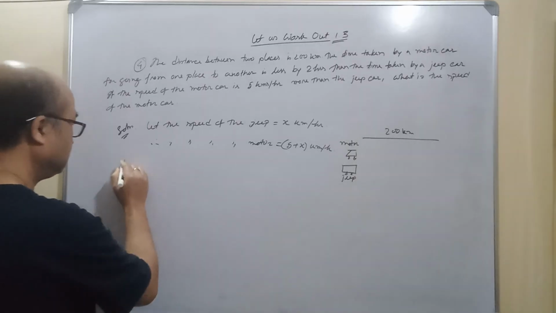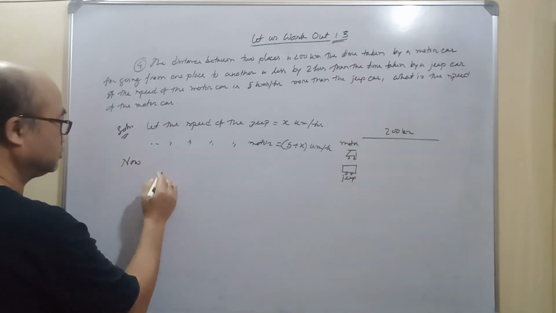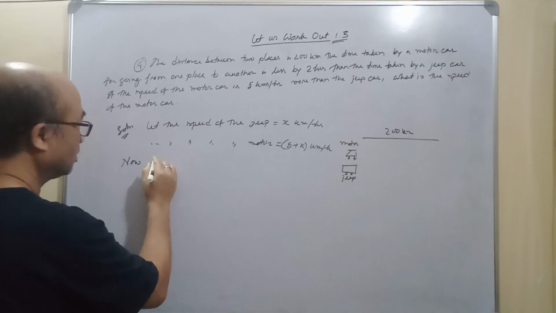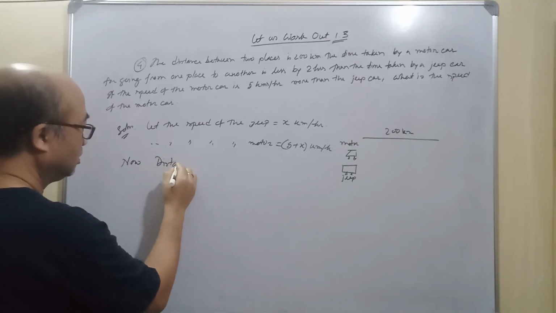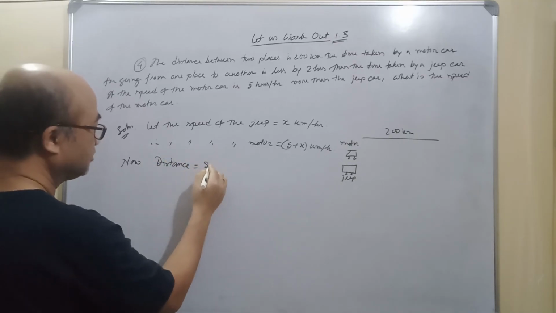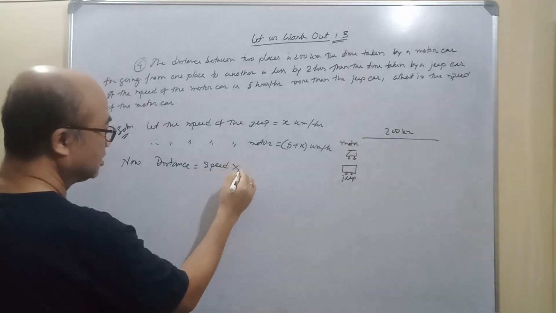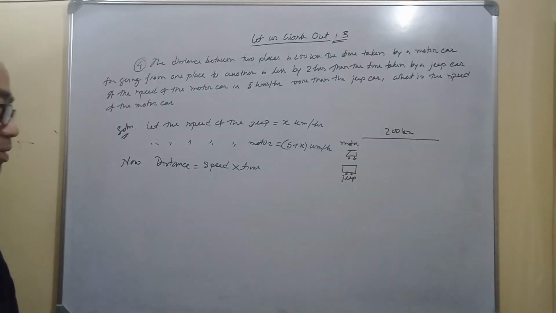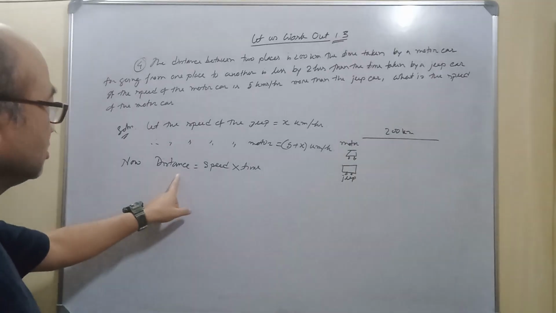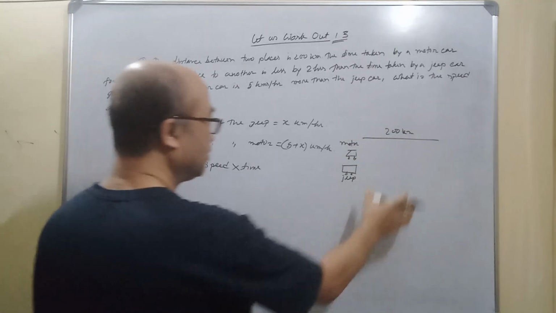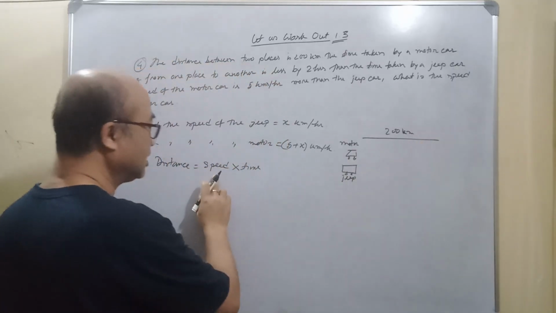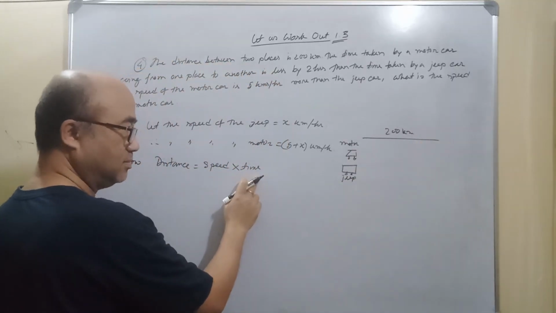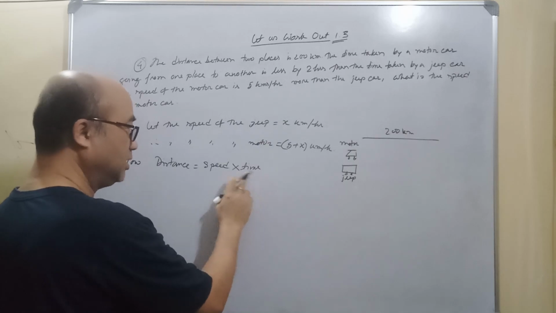Now distance is speed into time. Okay, this is the formula. A distance can be found out by speed of an object into time taken.